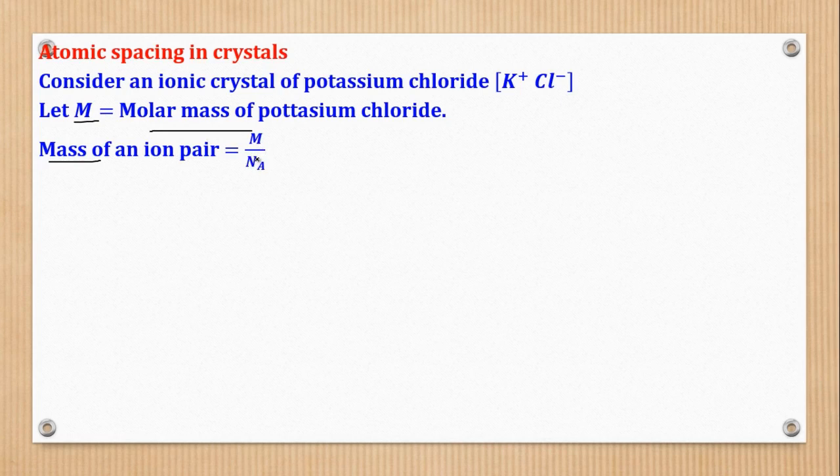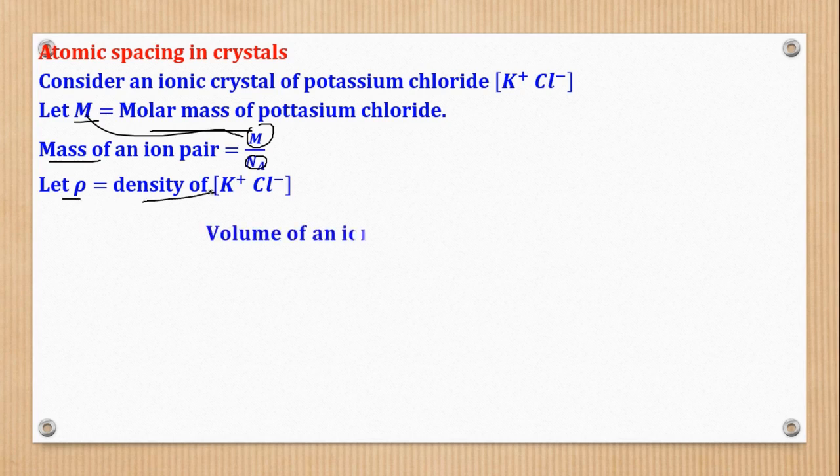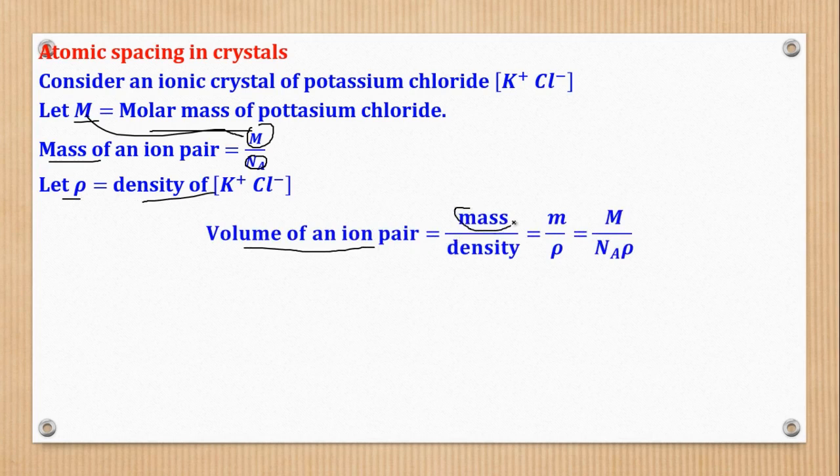I think you remember that under photoelectric emission. So we are saying mass of an ion pair is equal to this because Na is the total number of ion pairs in 1 mole, and 1 mole has a molar mass of capital M. So if rho is the density of potassium chloride, it implies that the volume of an ion pair is mass over density.